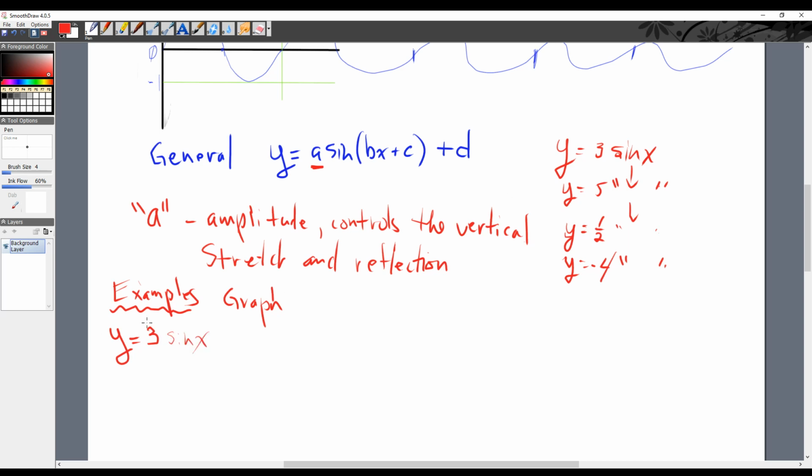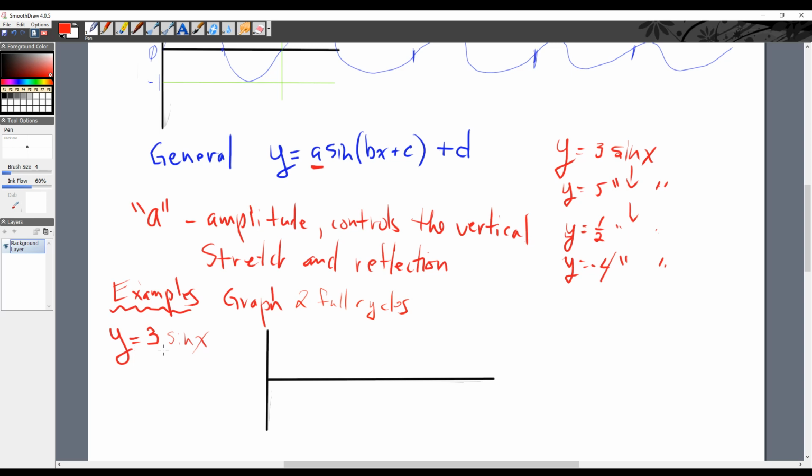I'm going to grab some axes here and draw on my axes. When I have you graph these things, I'm always going to ask you to graph 2 full cycles. So maybe I'll put that here: graph 2 full cycles.